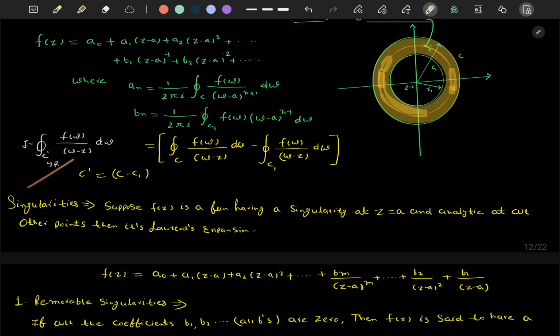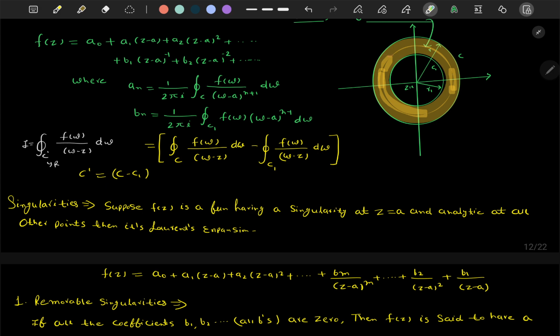Suppose we have integration in closed contour C prime, where C prime is C minus C1, similarly defined here, and we have to integrate this.